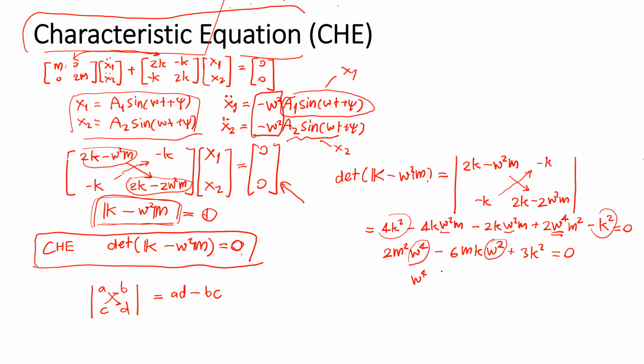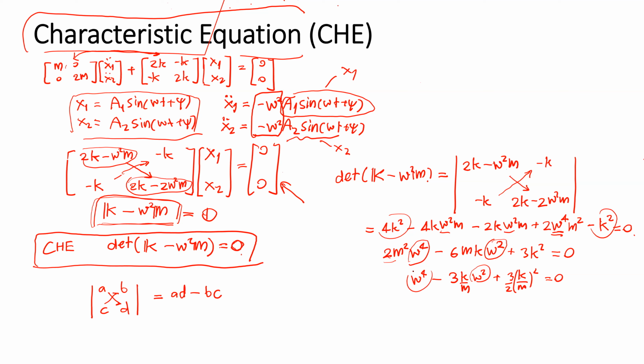If we divide all the terms by 2m squared, what we have is omega power 4, minus 3k per m omega squared, and plus 3k squared per m squared per 2 equal to 0. Okay, the unknown now is omega squared.